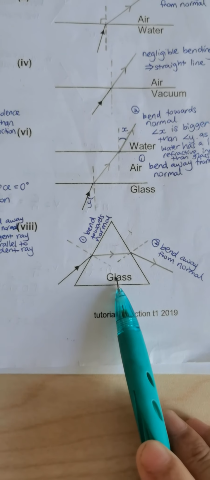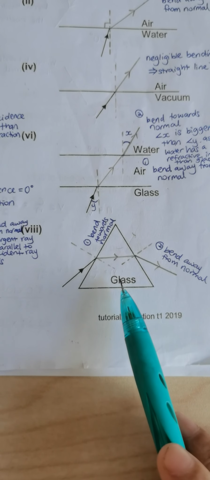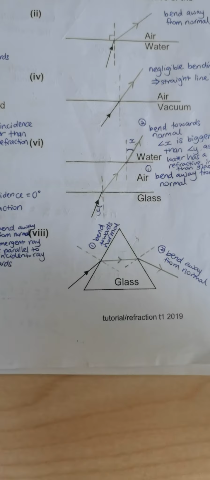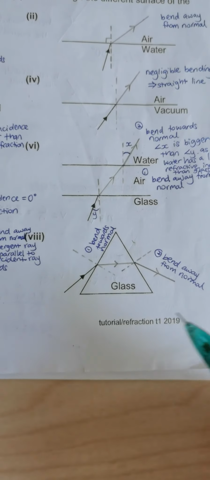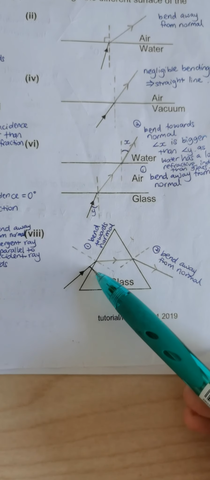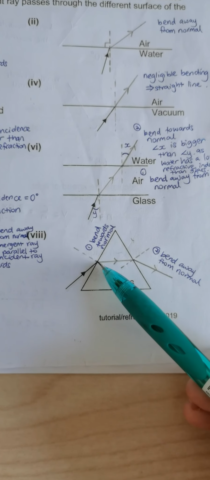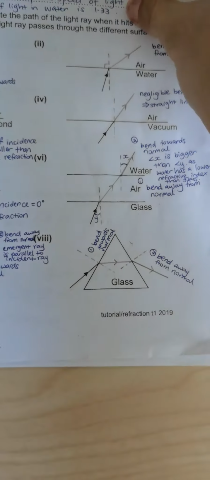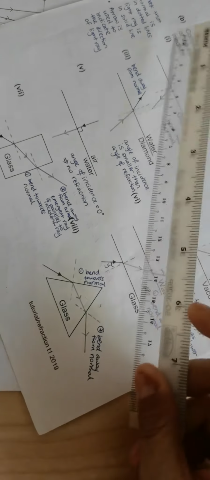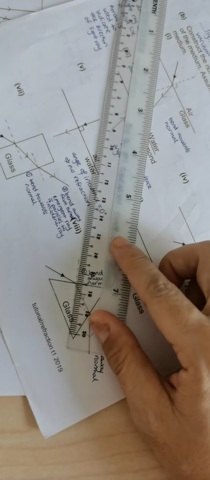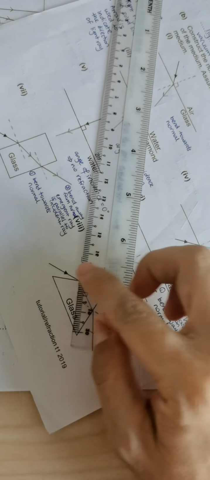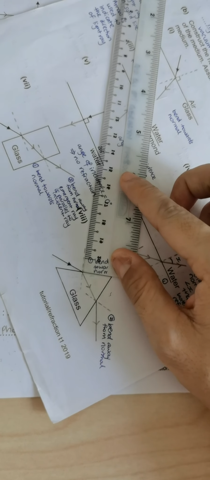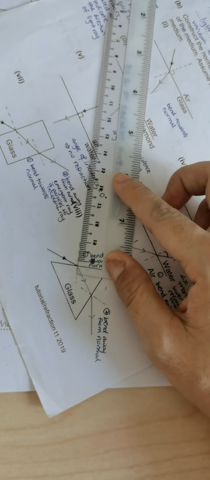I think most of you were able to do this. Those who can't, it's because you are not able to see your normal properly. Because your light ray is coming at this angle, and your surface here is slanting, if you cannot visualize it, you may want to turn it such that this becomes a horizontal line, and then draw your perpendicular line to your glass surface to get your normal first.